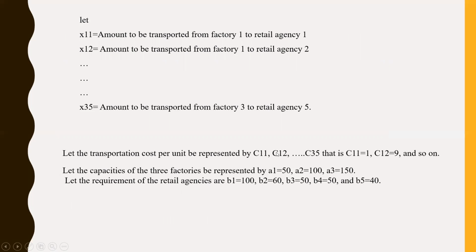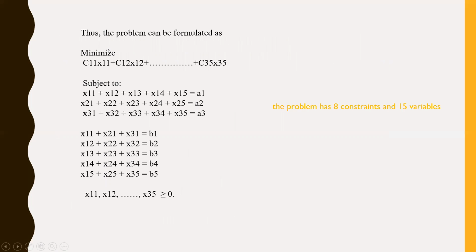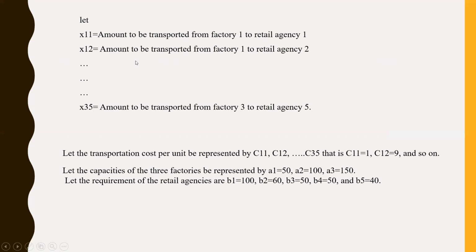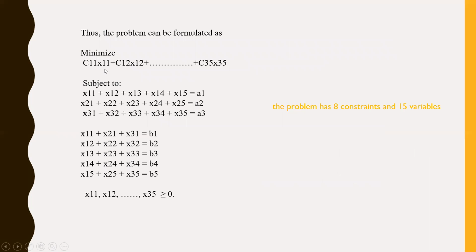Thus the problem can be formulated as: minimize C11 x11, where x11 is the amount to be transported and C11 is the cost involved in transporting.